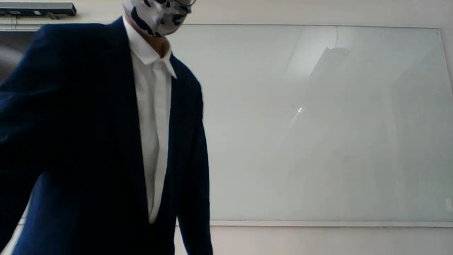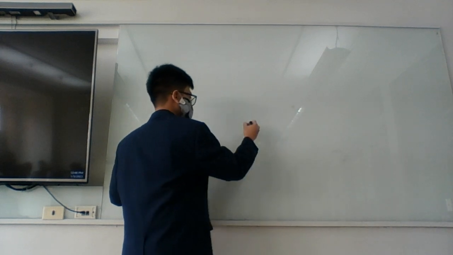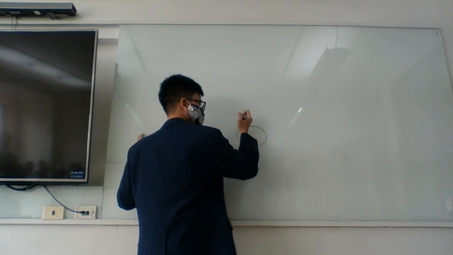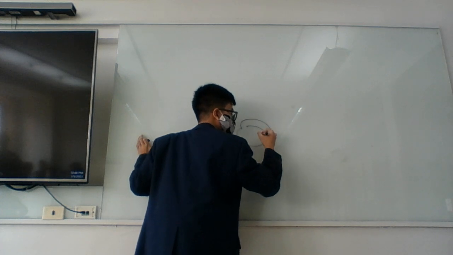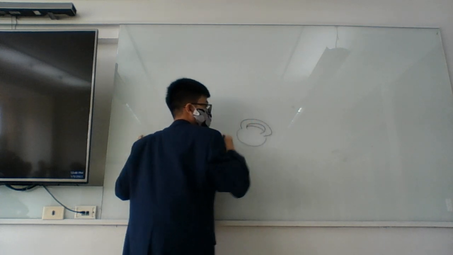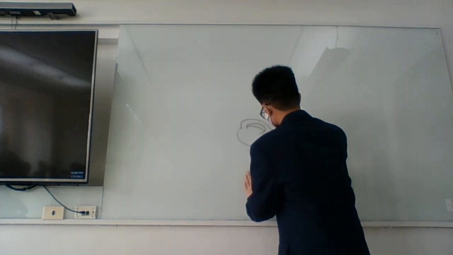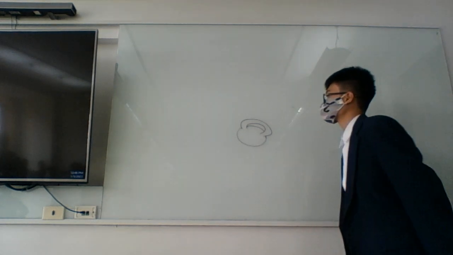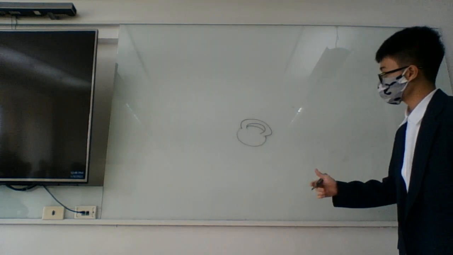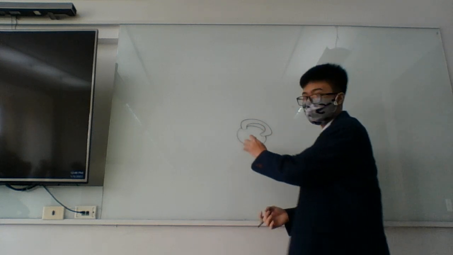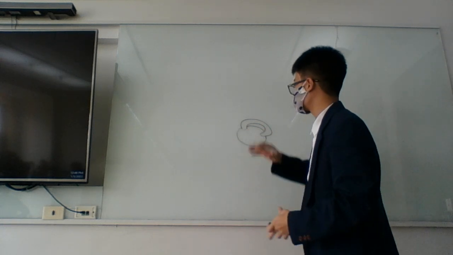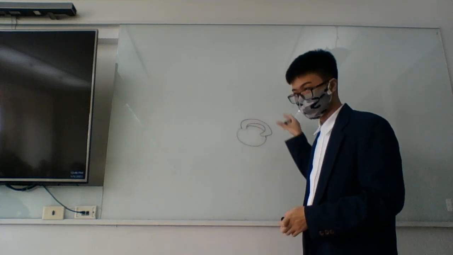So, let's make an example. This is a kettlebell, so it's basically we take two discs away from a sphere and then attach a cylinder to each of these.